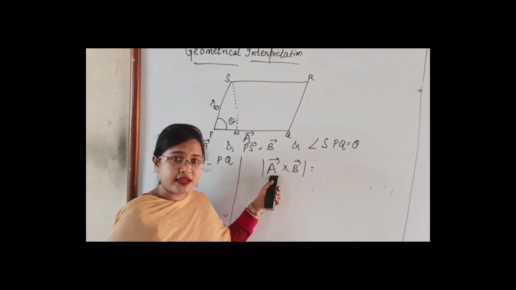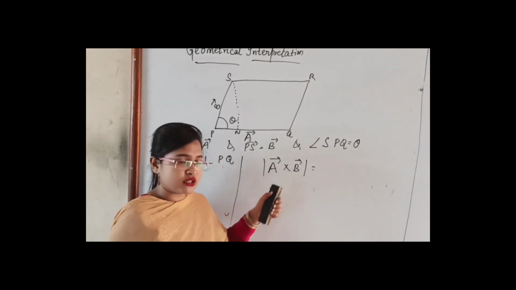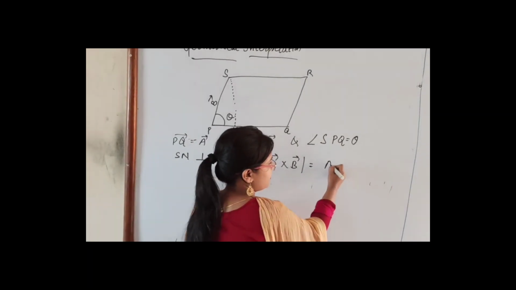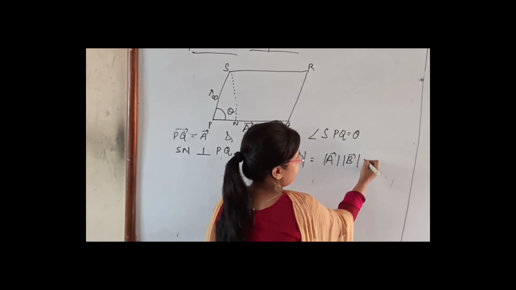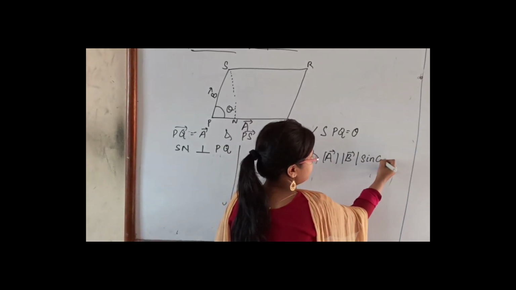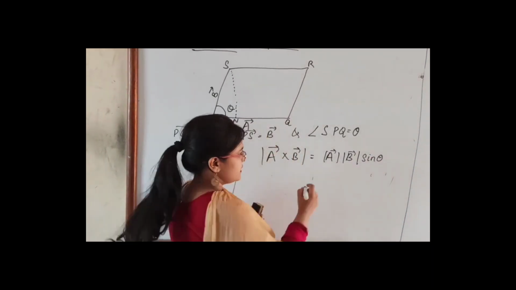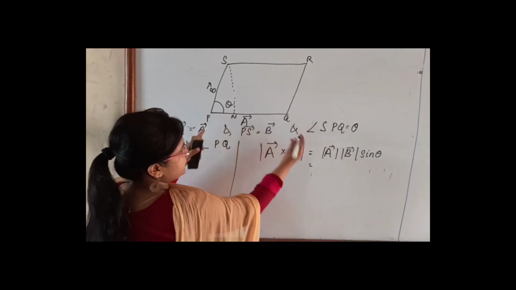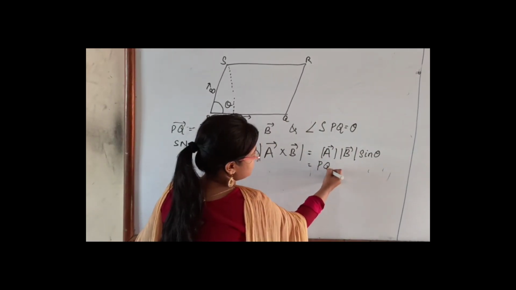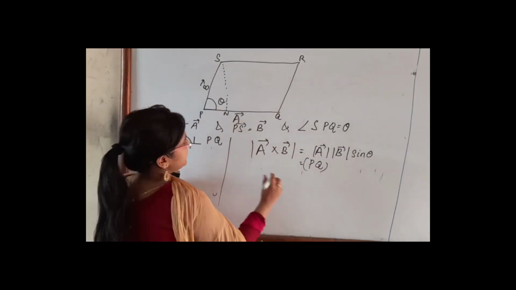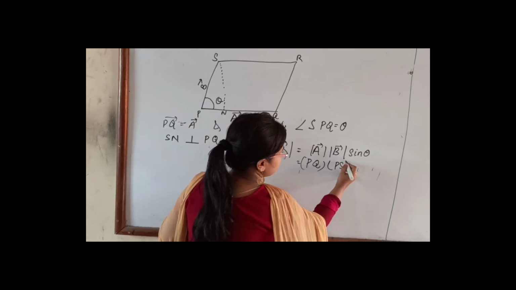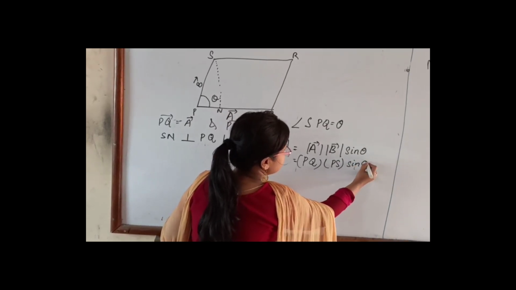If I wish to find the magnitude of A cross B, I know it is the product of vector A, vector B, and sine of the angle theta. Clear? So here PQ is the magnitude of vector A, PS is for B, and this is sine theta.